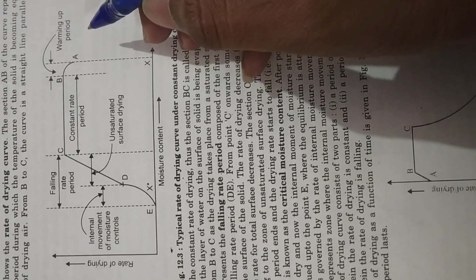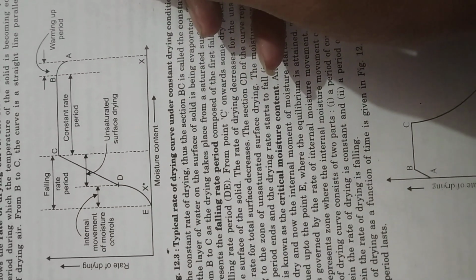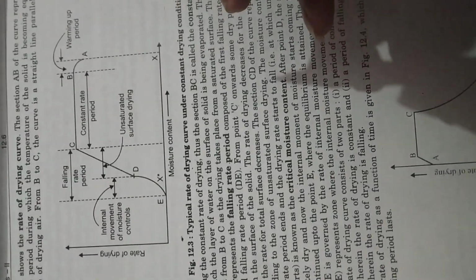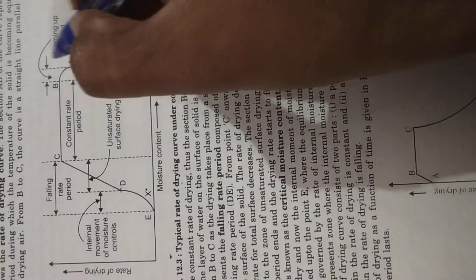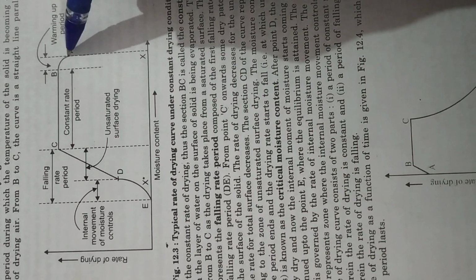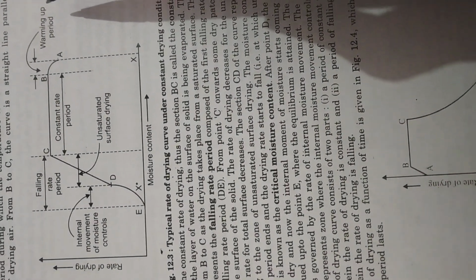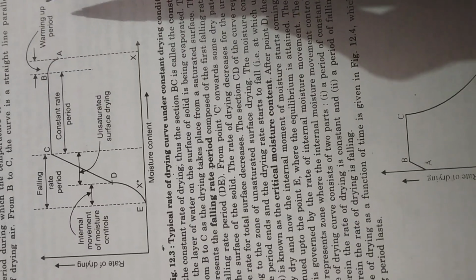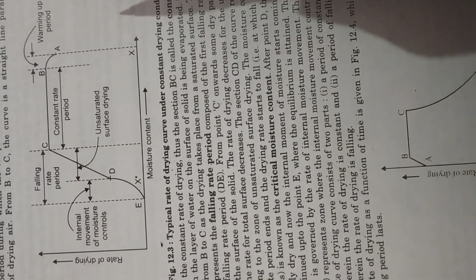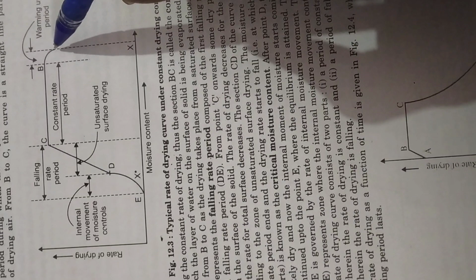So first, our graph starts from this point A. It is the warming up period. When we have a solid with moisture content and put it in an oven, it starts like that.